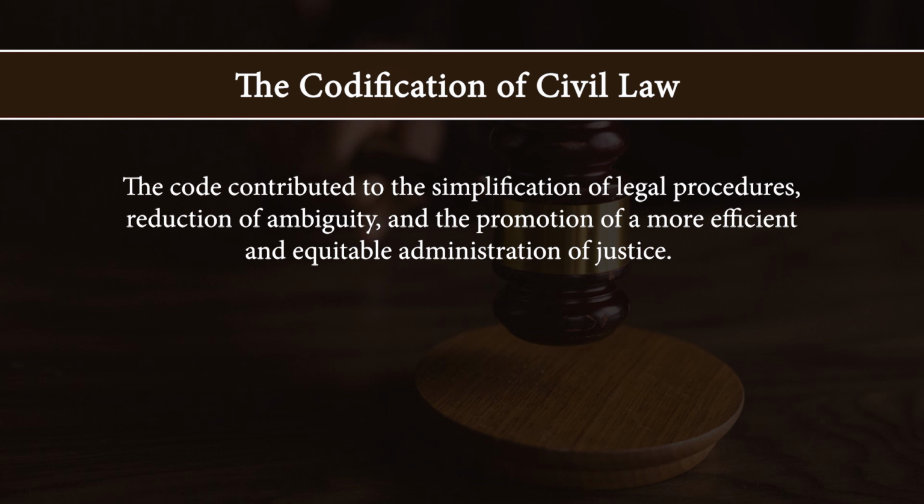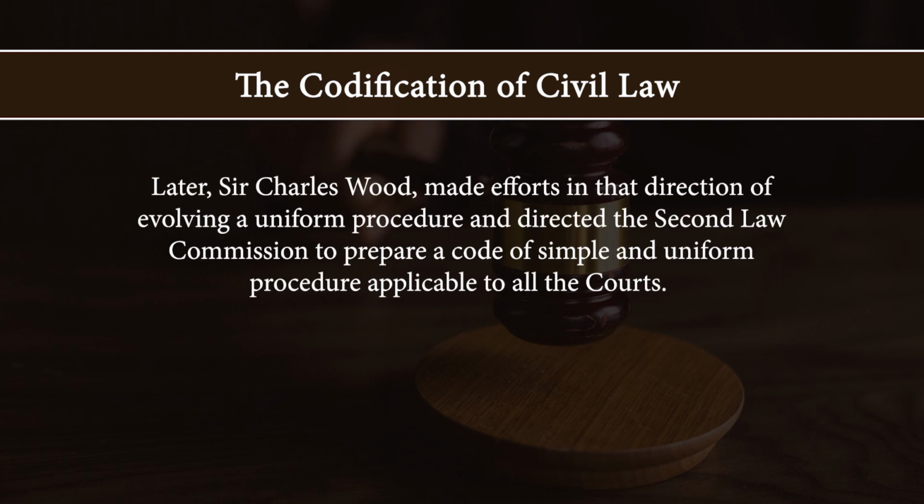Later, Sir Charles Wood made efforts in the direction of evolving a uniform procedure and directed the Second Law Commission to prepare a code of simple and uniform procedures applicable to all courts.